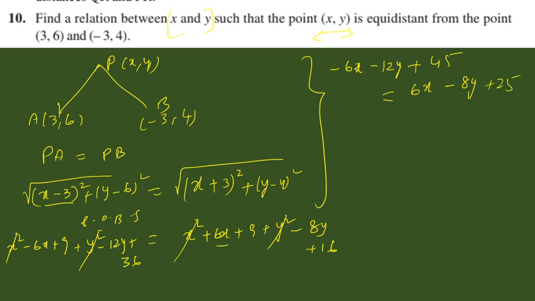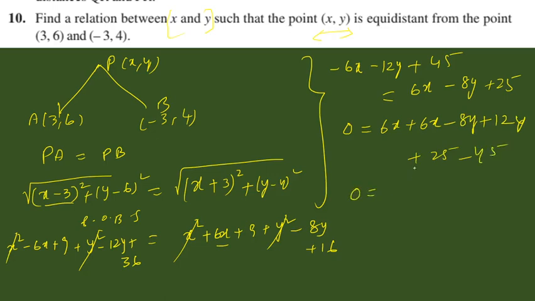It's always good practice to write the equation with a positive term. So minus 6x will come to this side. That means I put 0 here, and I will take all the terms to the right side. So I'll get 6x plus 6x minus 8y here, and then bringing here plus 12y. 25 here, bringing 45 from there, so minus 45.